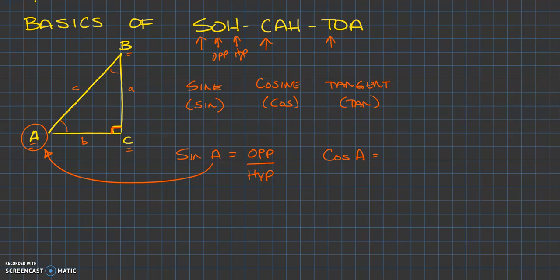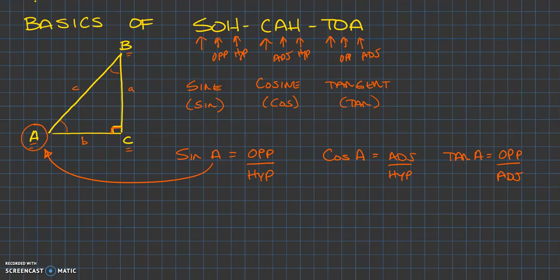Well, that is the ratio of the adjacent side to the hypotenuse. Now look, if you've never seen this before, this is not supposed to make very much sense just yet, so hang in there with me. But there's your adjacent, and there's your hypotenuse. Now what if I wanted to take the tangent of A? That is going to be the ratio of the opposite side length to the adjacent side length. So there is opposite, and there is the adjacent.